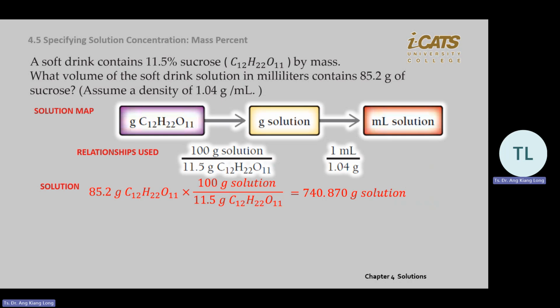It must be the same concentration of 11.5 divided by 100. These two containers must have the same concentration. So that's why I write something on the whiteboard here. From the equation that I wrote on the whiteboard, you'll find Y equal to 740.870 gram. But the question asks you for volume. You are given density. Density is what? Density is mass divided by volume.